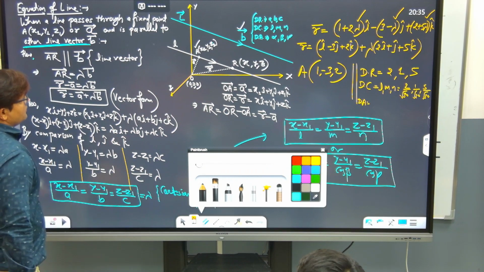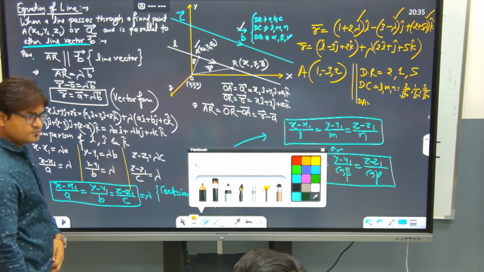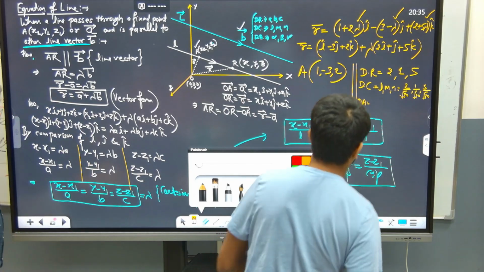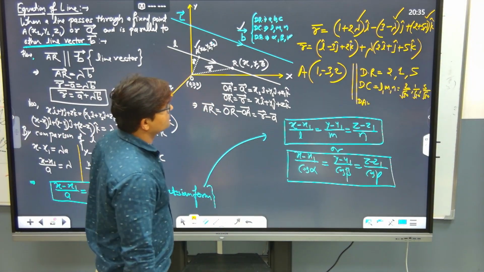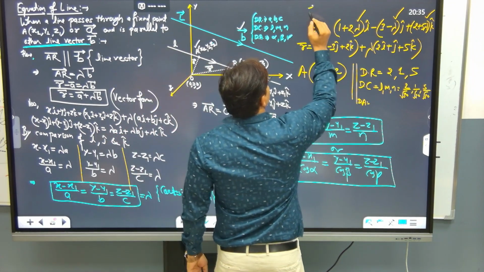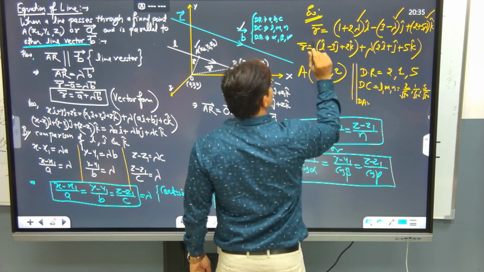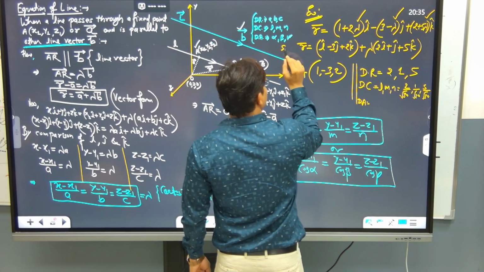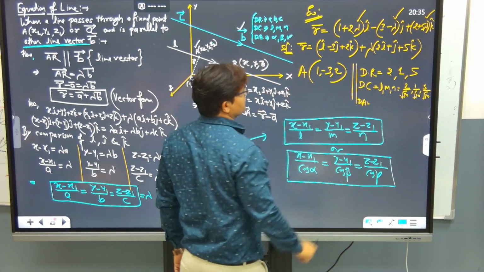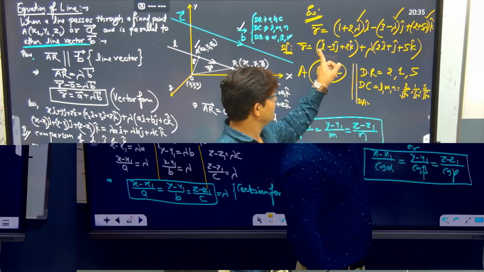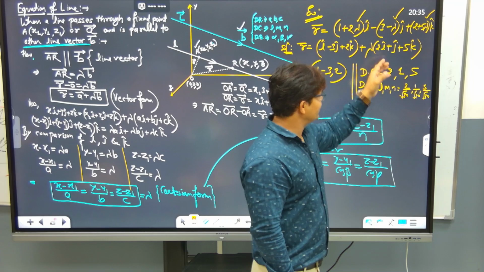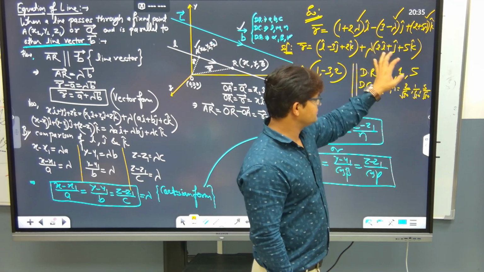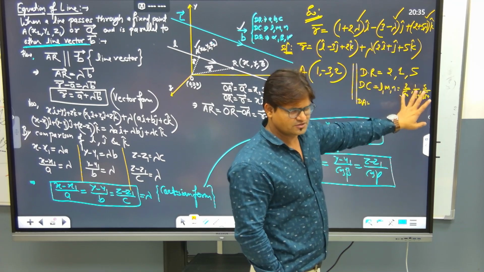Now second, if the line passes through two fixed points. In that case, if line is given, the solution of this part is this one. Clear? So this line passes through (1, minus 3, 2) and direction ratio 2, 1, 5 with lambda. Direction cosine is 2, 1, 5 divided by root 30, plus minus also we can apply.